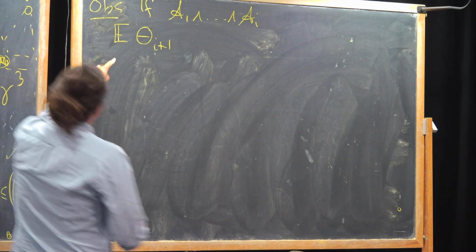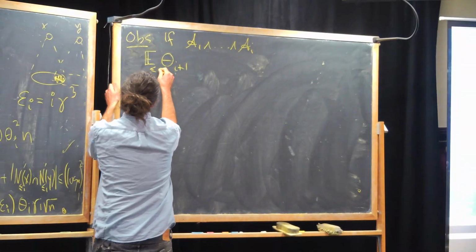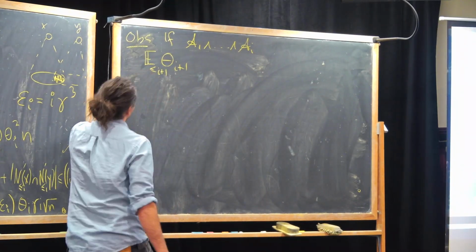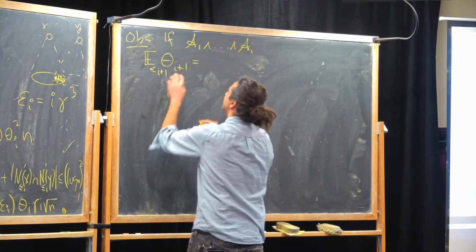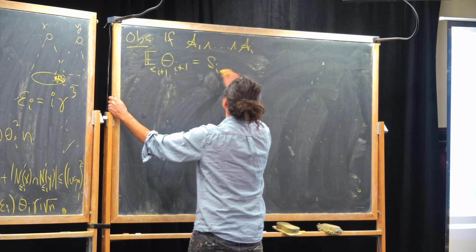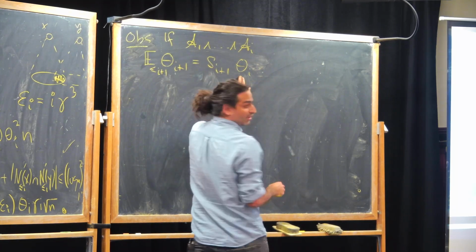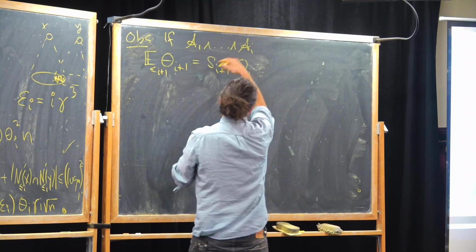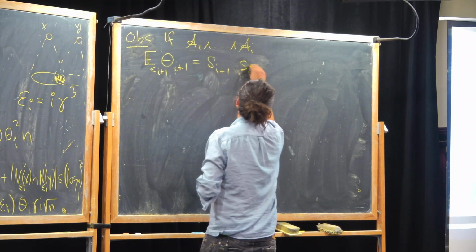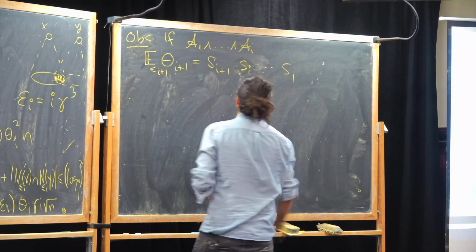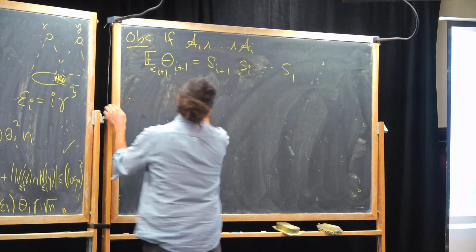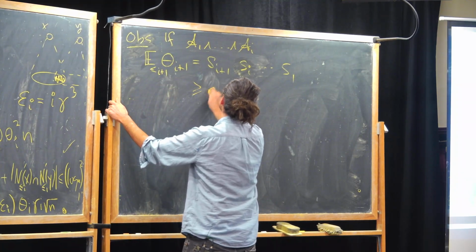So now let's take the expectation over the whole process up to that point. And this is just going to telescope, right? So this is going to be S_{i+1} times whatever you had at the previous step, but expectation of that. So S_i all the way down to S_1. So this is basically going to be at least x.